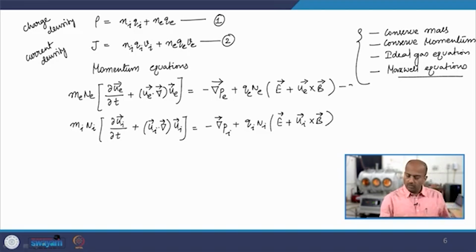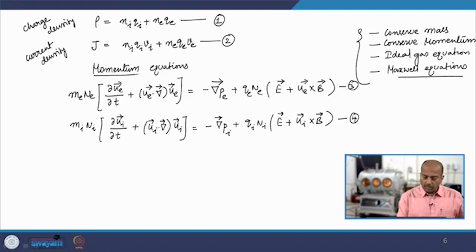Let us say we call this equation number 3, this as equation number 4. Now, these are the momentum equations, right, for electron and ion.